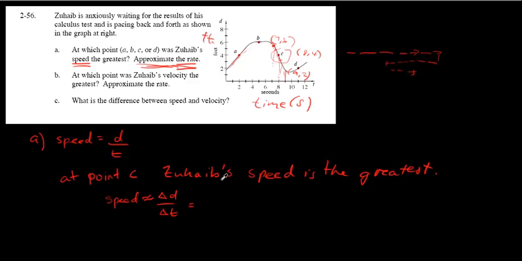Here at least, because here it's definitely equal to that. I want to find the change, so I'm going to say the distance goes from 6 to 4. 6 minus 4 divided by the change in time, from 7 to 8 seconds, so 8 minus 7. We know we're going 2 feet in 1 second, so it's approximately 2 feet per second.